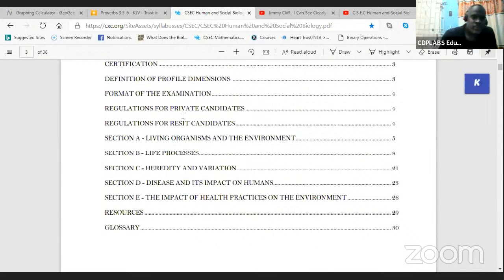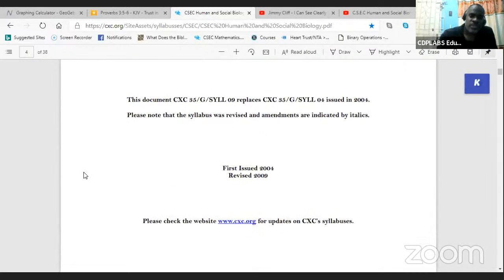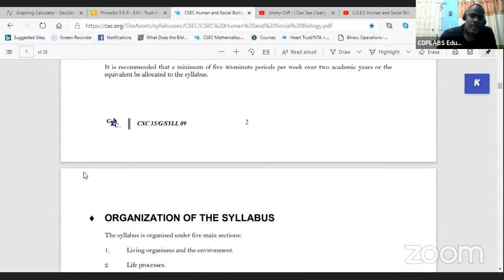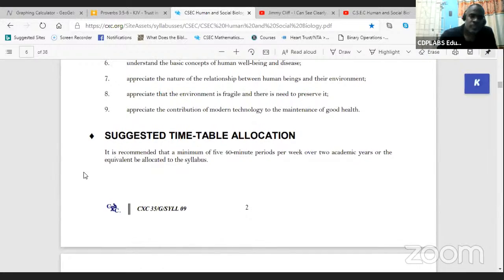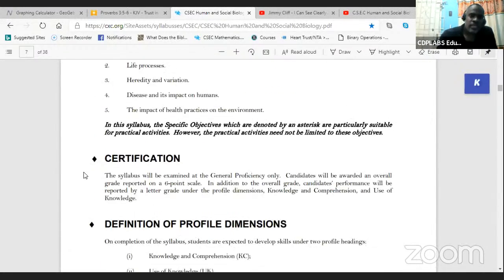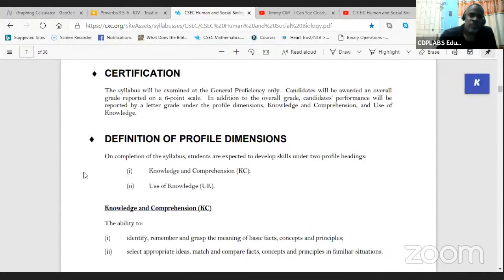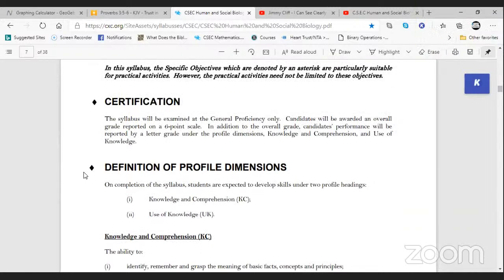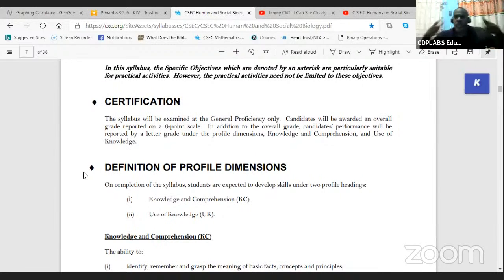All right, very good. So when I want to look at the objectives now, I'm going to head down to the glossary, but before I go to the glossary, as I was telling you before, when you receive your exam grades, they give you a slip of paper, or it's online, and you'll see KC, knowledge and comprehension, and use of knowledge.